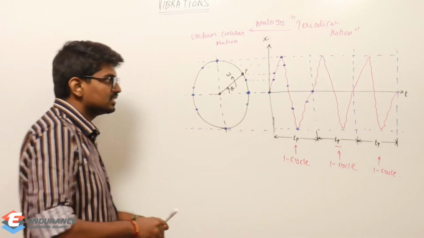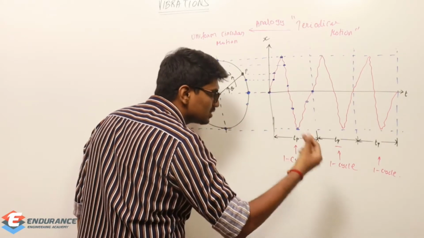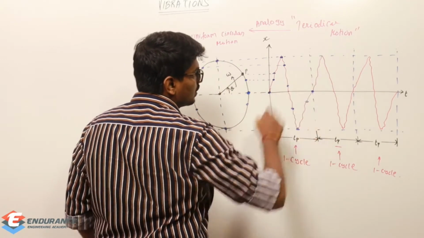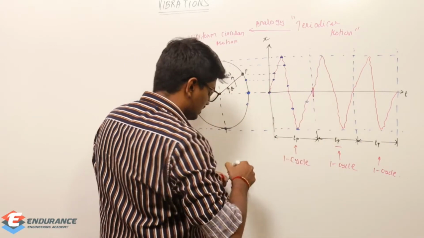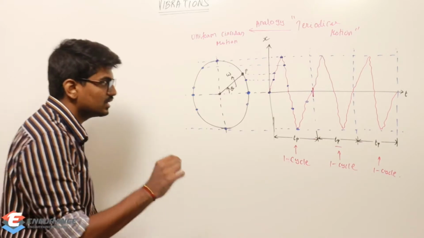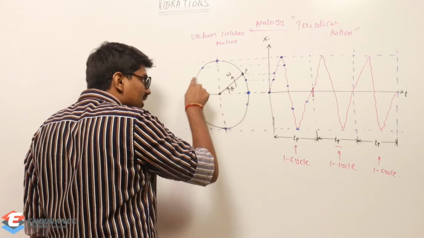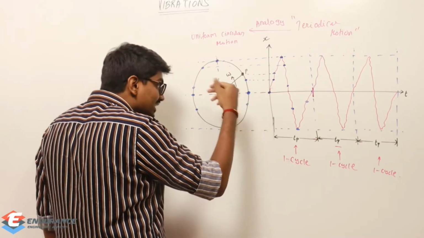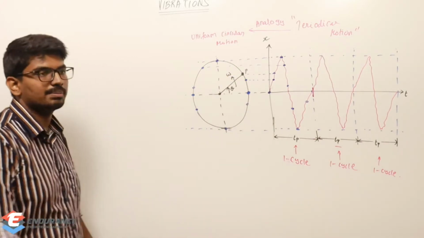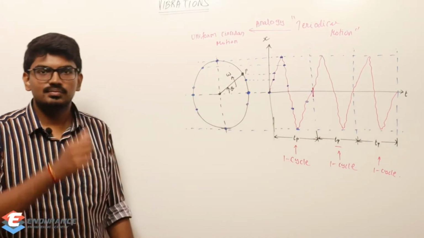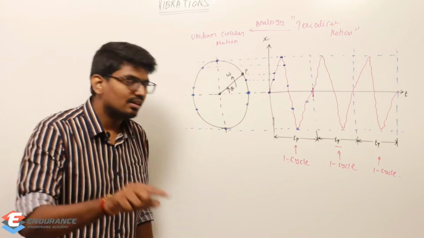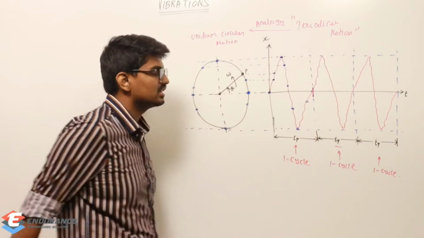So when a periodical motion completes a single cycle, not until here, but until here, when one cycle of a periodical motion completes, the particle rotates in a circle with a constant angular velocity for one complete revolution.